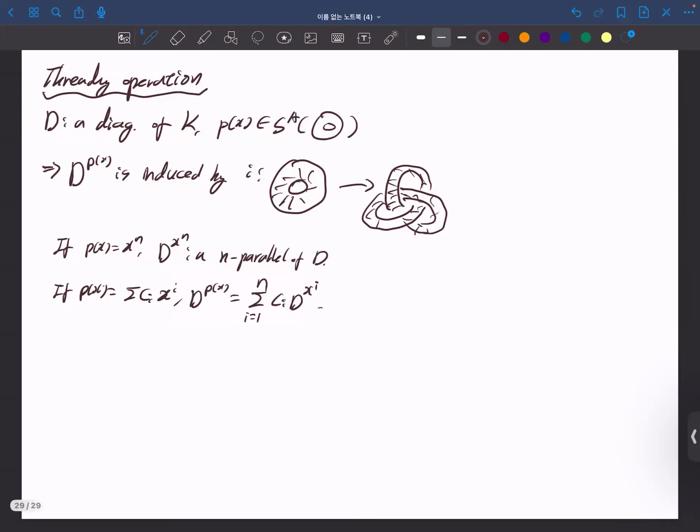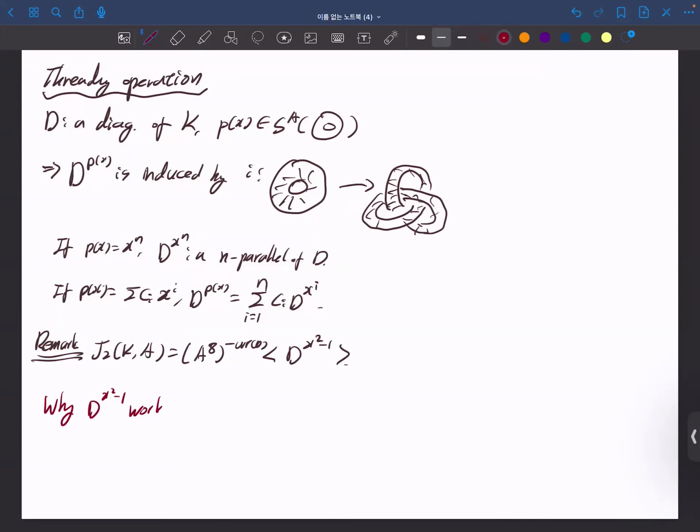So as a remark, J2 of K at A was defined by A to the 8 minus writhe times D bracket of (x squared minus 1). And finally, let us ask again, why did x squared minus 1 work?